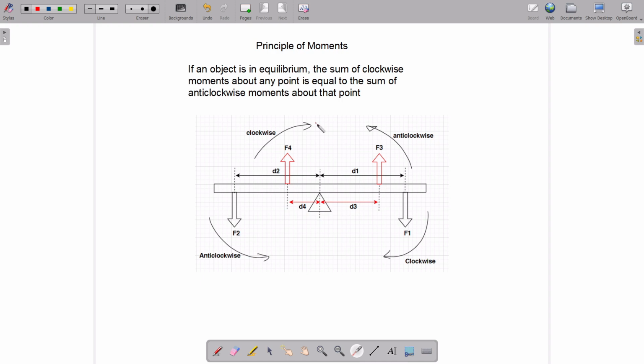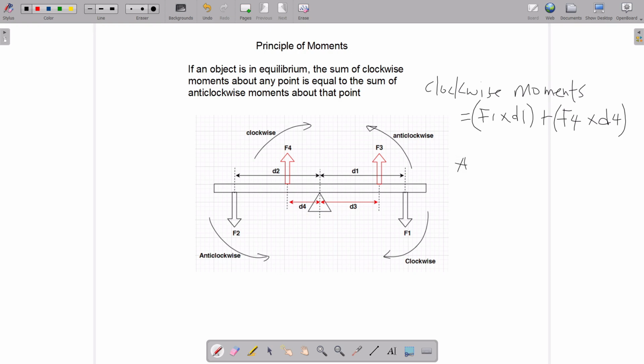So the principle says the sum of clockwise moments about any point will be equal to the sum of anti-clockwise moments about that point. So let's first write down the clockwise moments. So that is the sum of our clockwise moments. Now for the forces acting in the anti-clockwise fashion, our anti-clockwise moments will be equal to F2 times D2 plus F3 times D3.